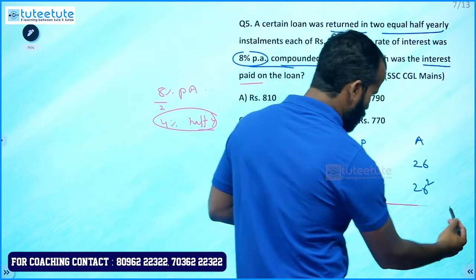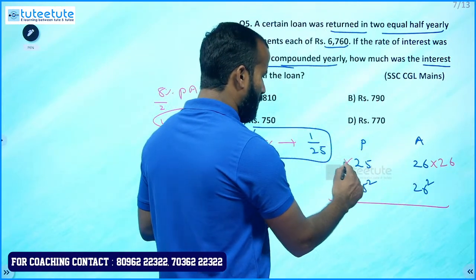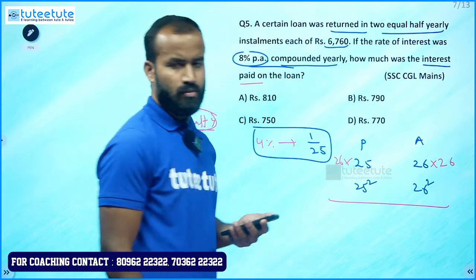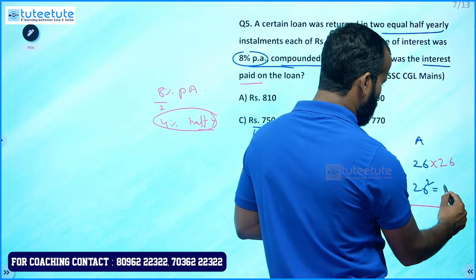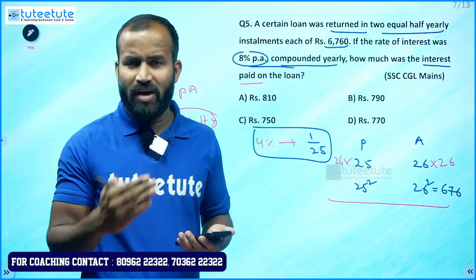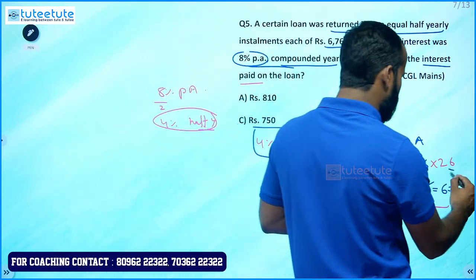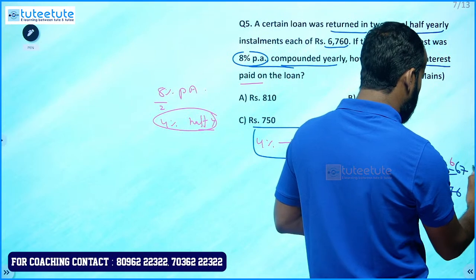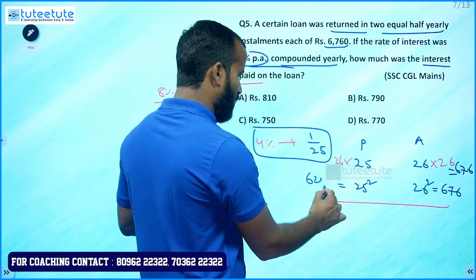Now, amount should be equal, right? You will multiply with 26 here, and multiply with 26 here. So 26 square value is 676. You have to know square values, cube values, then your calculations will be easy. 25 square is 625.